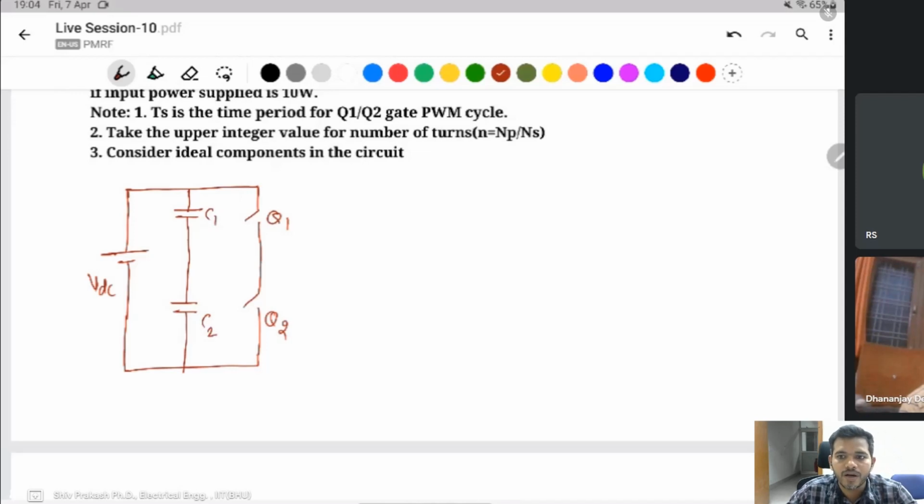In the half bridge, two switches are used, and in the full bridge, 4 switches are used. Isolation transformer.